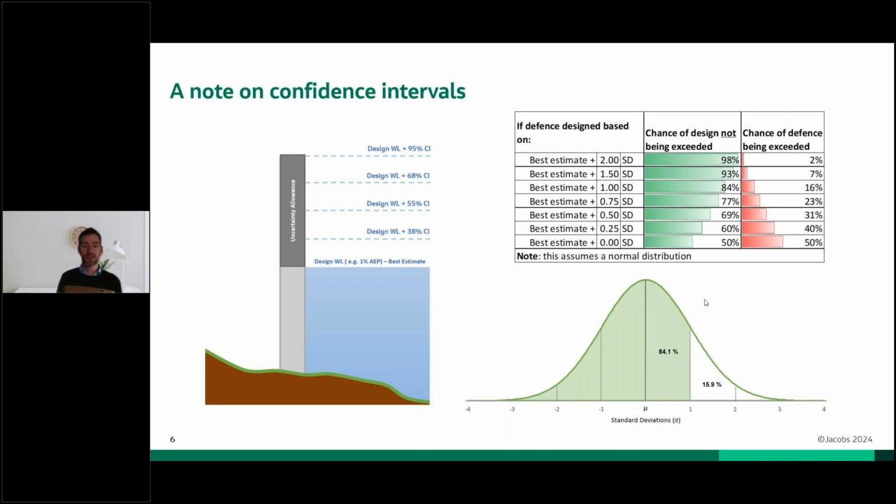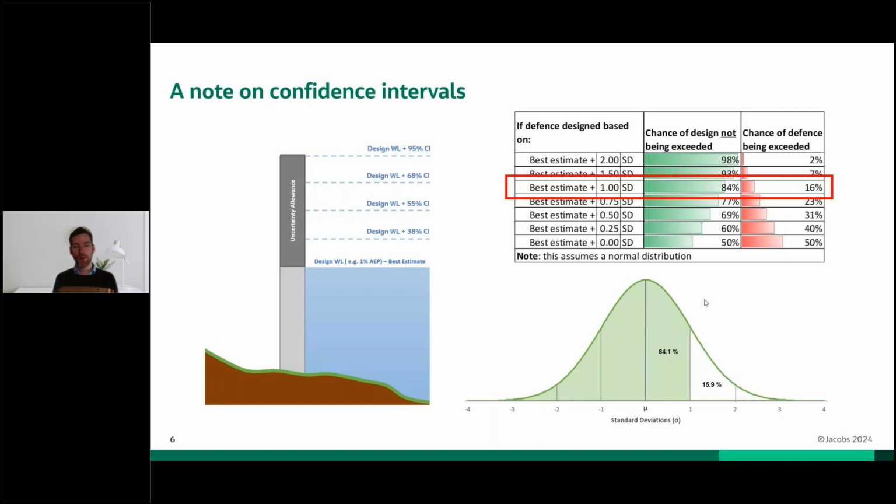And as I've mentioned, in reality, there's a 50% chance that the actual, let's say 1% AEP water level, if that's what we're trying to estimate, exceeds our best estimate if you make no accounting for uncertainty. As you start to account for that uncertainty, and let's say the one standard deviation of error, we start to move towards the right-hand side of that distribution curve, and we start to reduce the chance that our new level is exceeded.